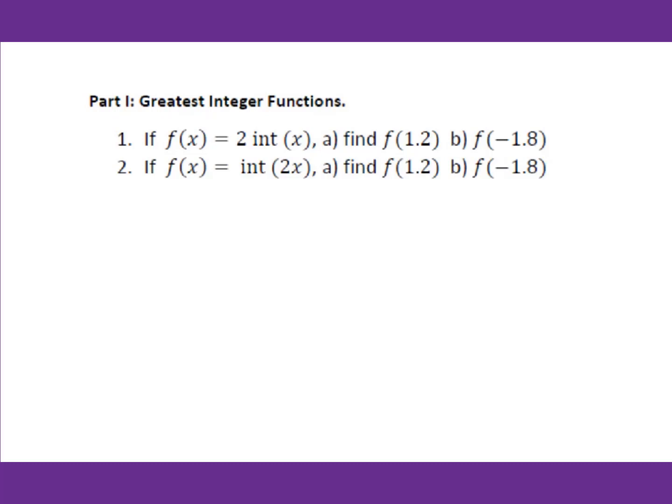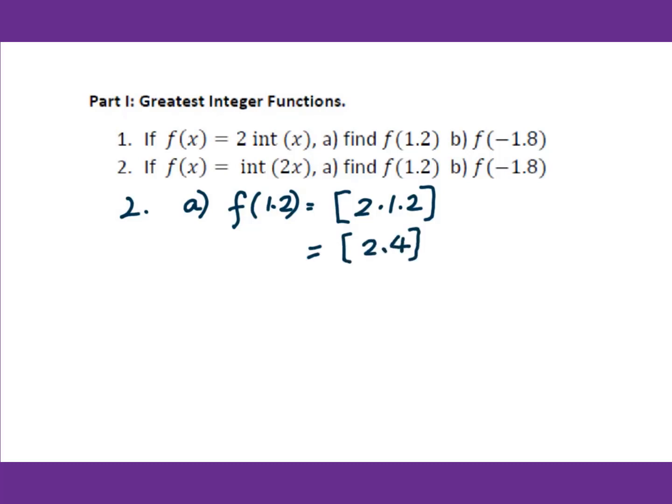Now let's go to number 2. For A, f of 1.2 equals the greatest integer of 2 times 1.2. So 2 times 1.2 is 2.4, and the greatest integer of 2.4 equals 2.